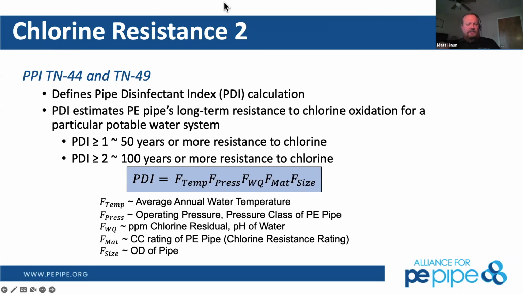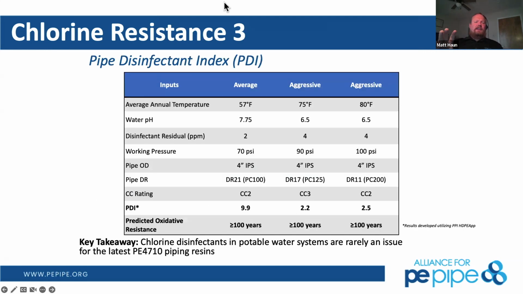When you go to the next slide, based on this PDI index, we can look at the effect of an average environment for chlorine exposure within potable water versus a more aggressive one in various degrees.